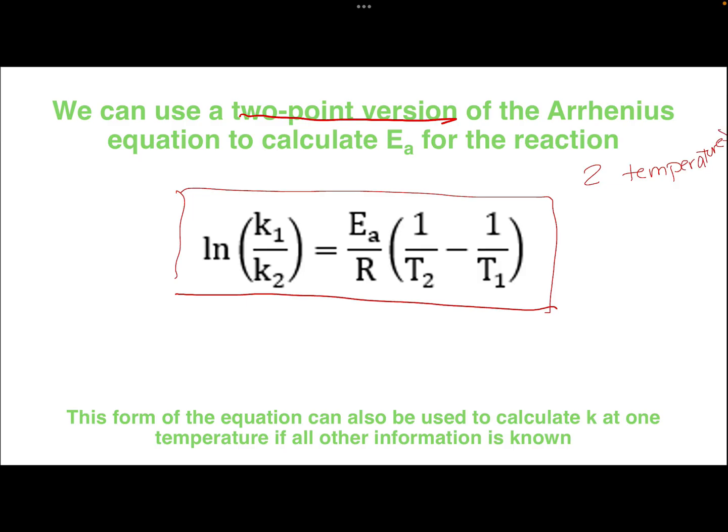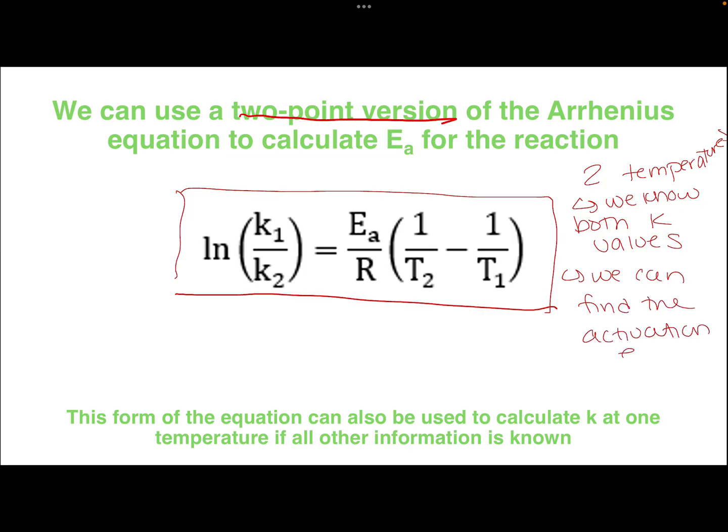Right, and this is where that K being temperature dependent comes in. So if we have 2 temperatures and we know both Ks, both of our rate constants, then we can find the activation energy, just by substituting in our temperatures and our rate constants.